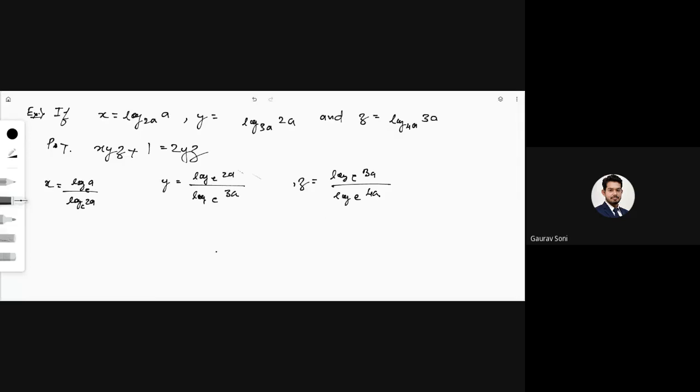Okay, if this sounds difficult, I'll change my question to this. Show that 1 upon log to the base 6 of 24 plus 1 upon log to the base 12 of 24 plus 1 upon log to the base 8 of 24 is equal to 2.